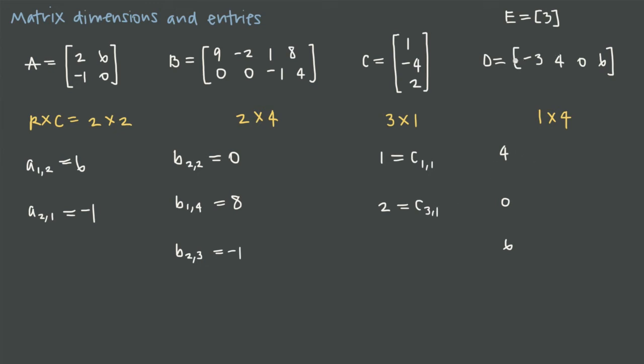The 4 is going to be in the first row, of course, the only row, first row, second column. So that's going to be D, first row, second column. The 0 is in the first row, third column. And the 6 is in the first row, fourth column. So the entry D14 is the 6 that we see right here.